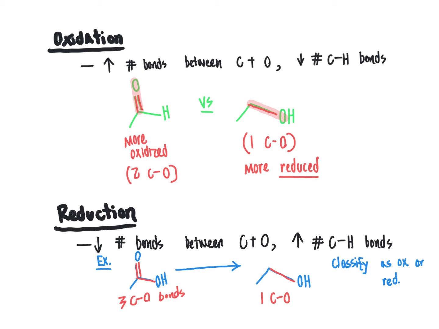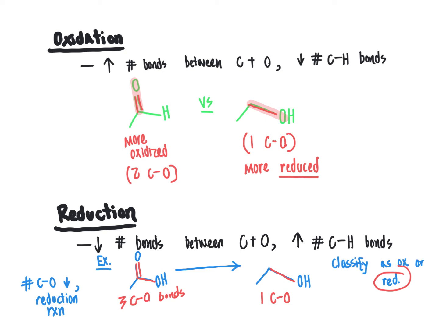The rule is if the number of CO bonds decreases, that would correspond to a reduction process or a reduction reaction. So therefore, we would classify this particular reaction as a reduction reaction.